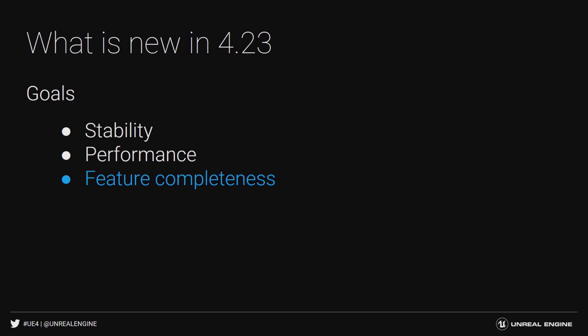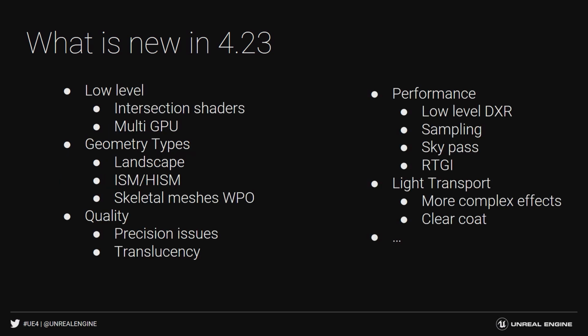And we also work on new features, as you will see in the next slide, which is a brief summary of what we have done in the last month in terms of features. So we have implemented several new low-level features, like intersection shaders. Intersection shaders will allow you, if you are game developers or you are familiar with the UE4 code, to support your own primitive types.